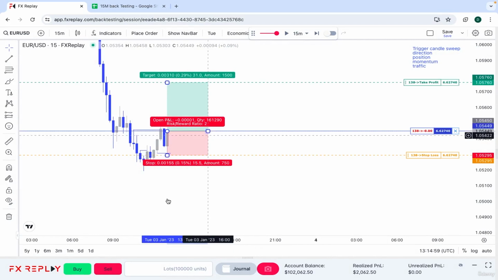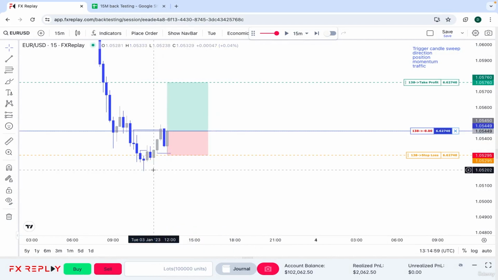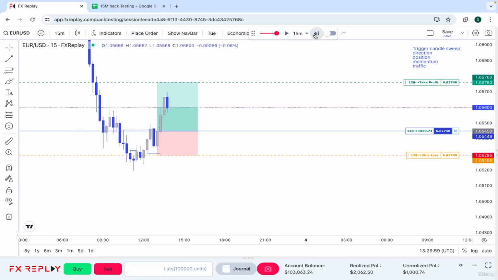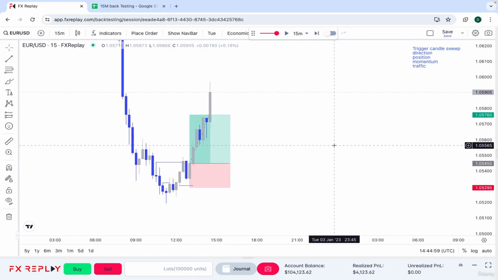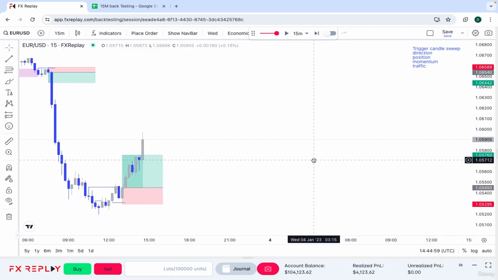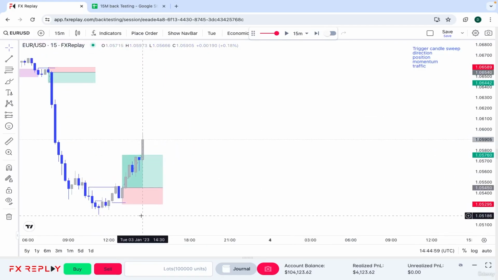To be honest, live, I might have even took this one as well, just because we had this mini break here. Let's see what happens. There we go, smash through target again. What time are we on? 2:30, 2 more candles.